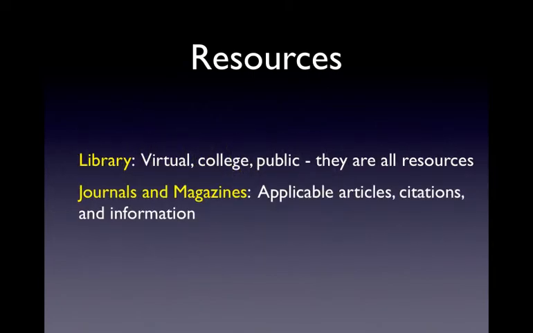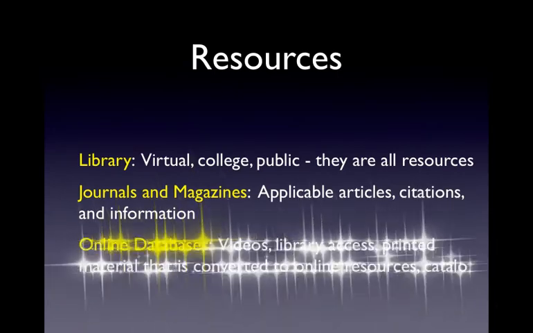Journals and magazines, and these are professional journals and magazines. It's not to demean any others, but these are not popular magazines. These are magazines that are trusted within industries and within the framework of the 21st century workplace. These journals and magazines can provide applicable articles, citations, and additional information that's important.